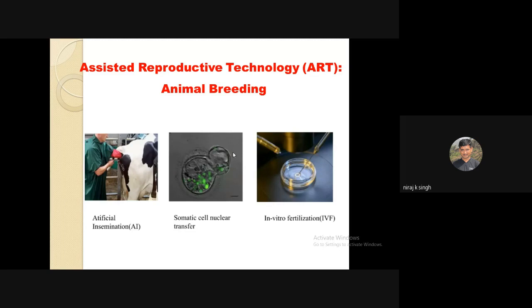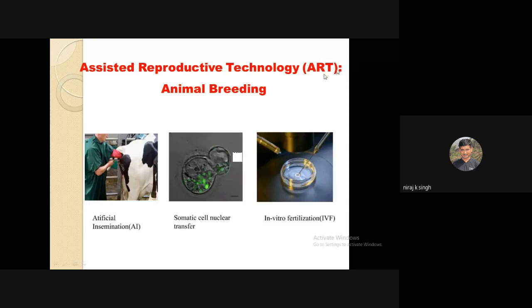Now, apart from genetic improvements, normal genetic improvement is time consuming. But nowadays, there are several assisted reproductive technologies, or ART.